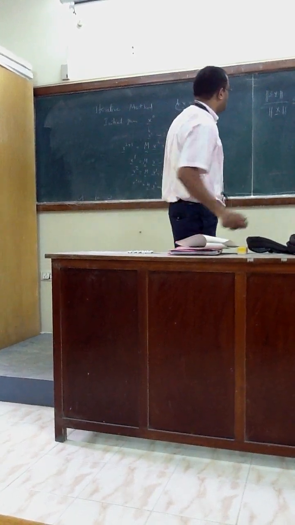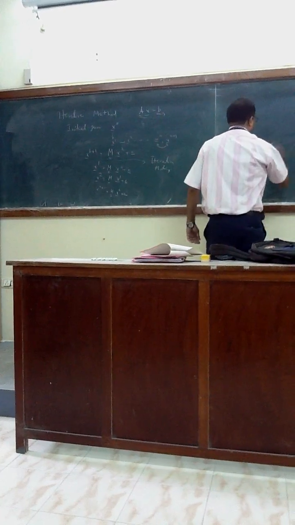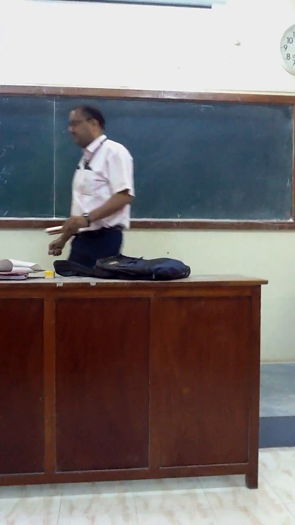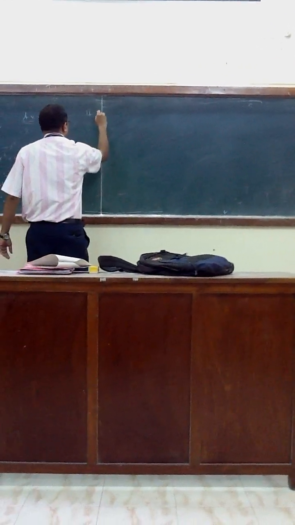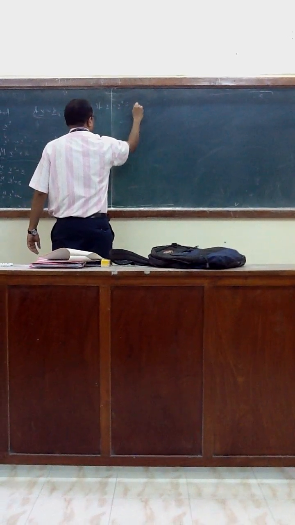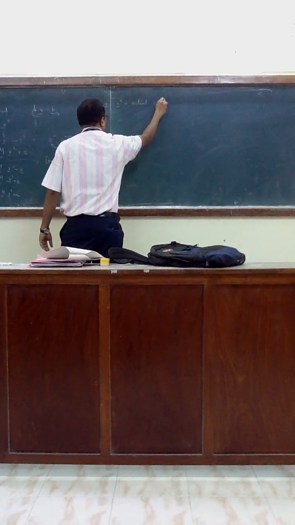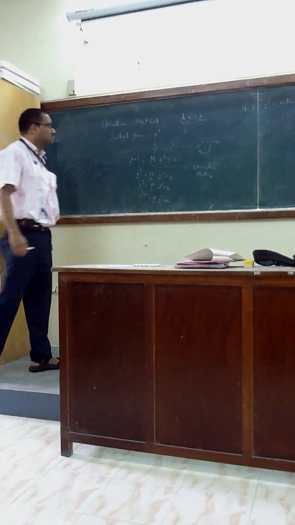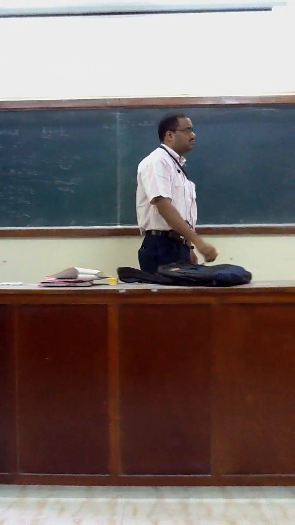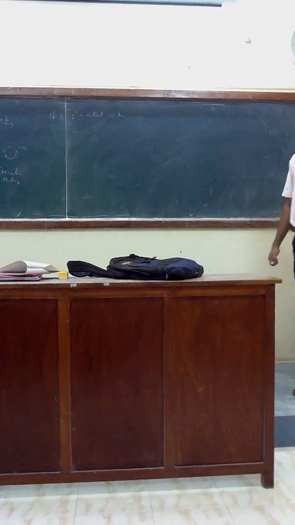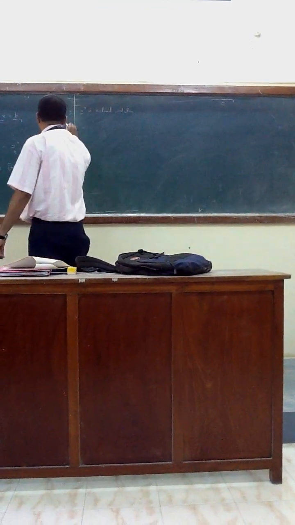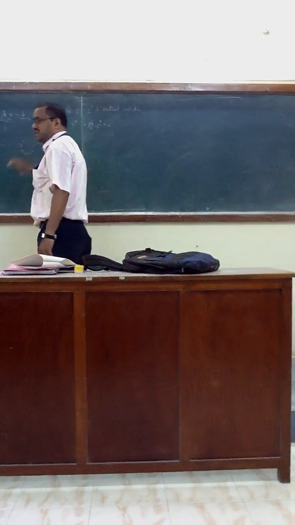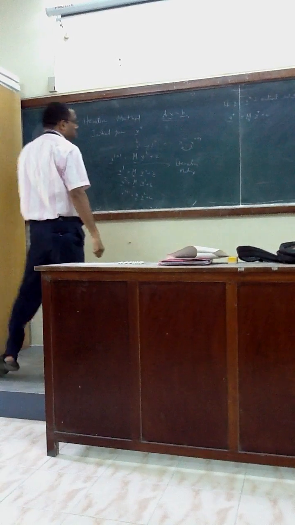If xk goes to x star, the actual solution, then what is the relationship here? x star equals M x star plus c, because the solution will not change.